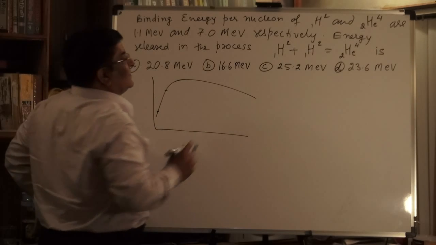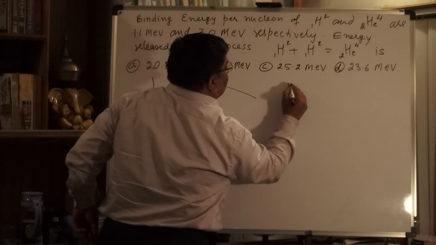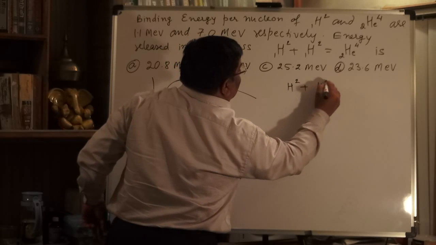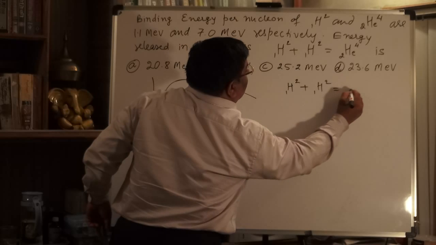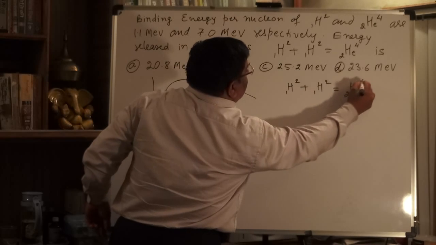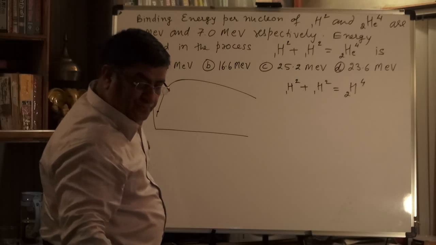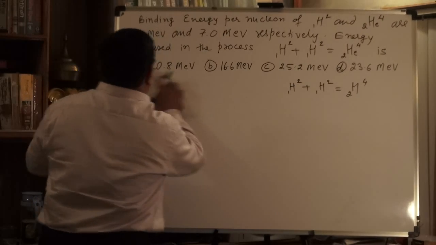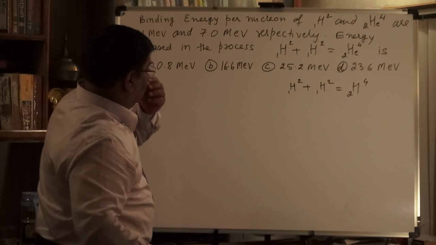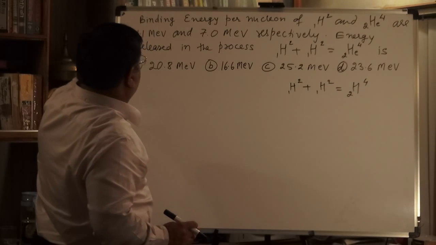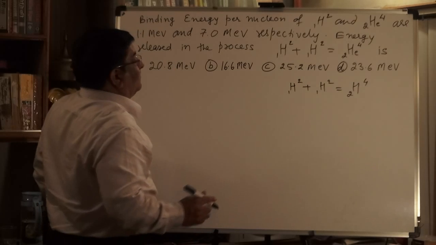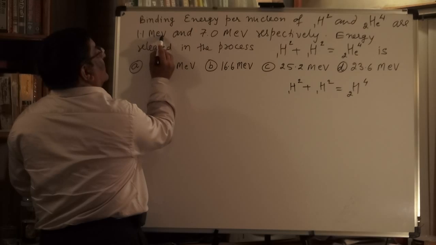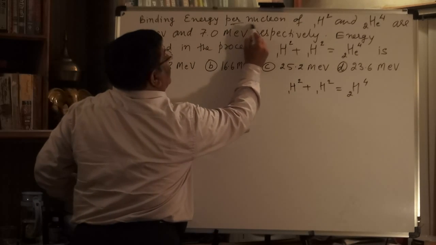How to calculate it? Let's write the process here: H2 plus H2 makes He4. For hydrogen, the binding energy is 1.1 million electron volt per nucleon.